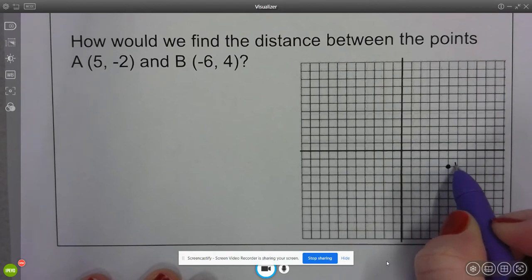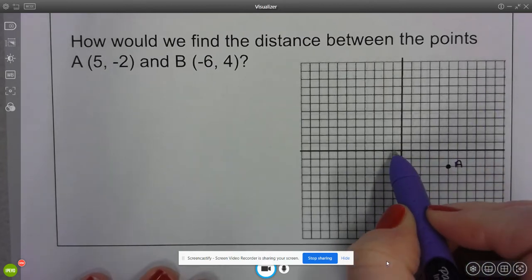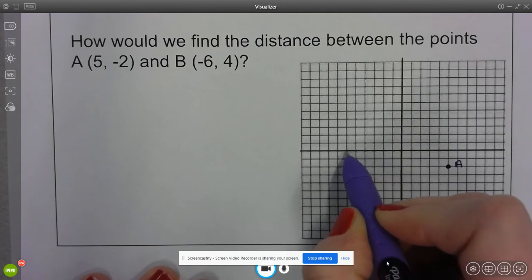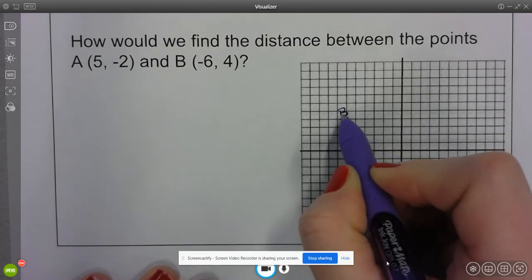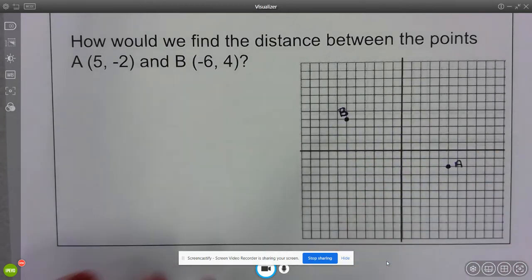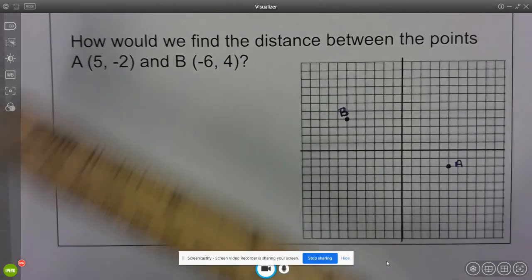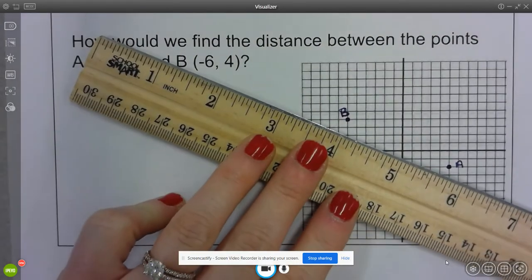So here is A. And here is B. My goal is to find the distance, or the straight line, that connects points A and B.